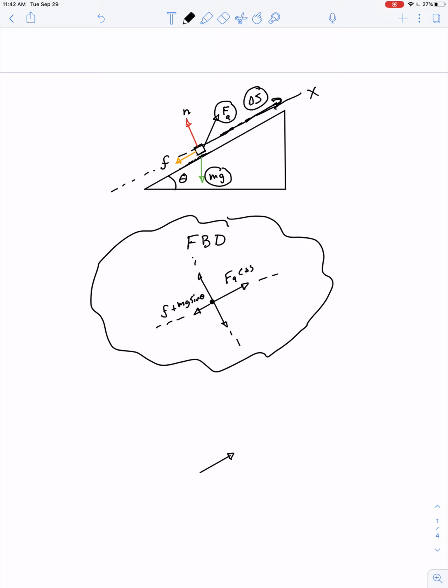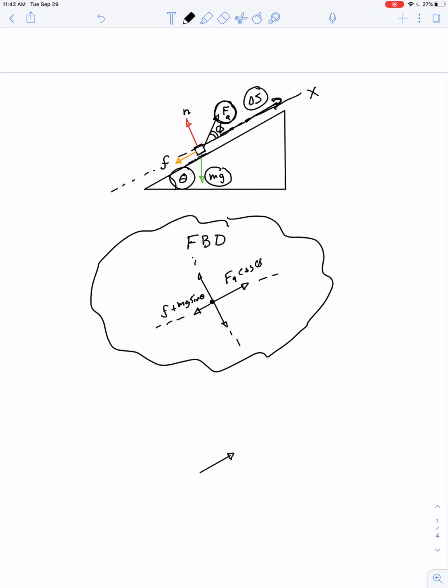Now, I'm not going to call that angle theta because the angle between the force and the displacement isn't necessarily that same angle theta. This could be a different angle. Maybe we call it phi. So this would be FA cosine phi.